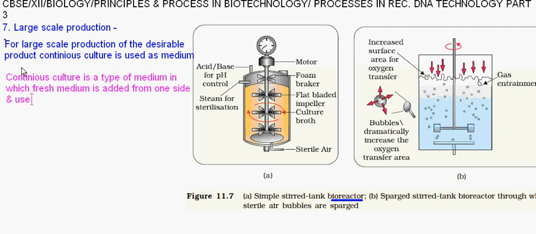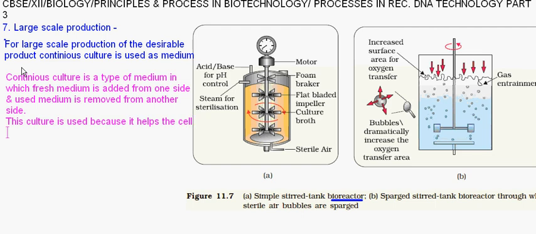This culture is used because it helps the cells to be in the most active state, or in the exponential phase of growth.